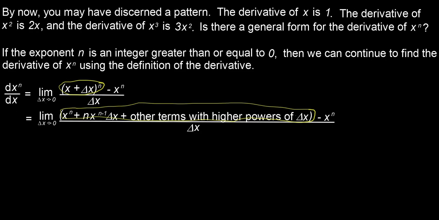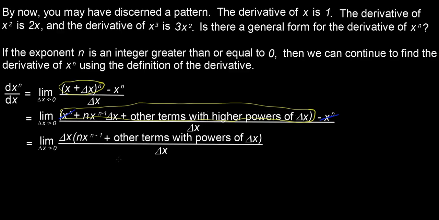So when we try to evaluate this limit, we see once more we have x to the n, and then we have minus x to the n, so those cancel out. And then what's left in the numerator are all terms that have delta x as a factor. So we should be able to factor out delta x from that numerator to give us this. So we're left with, in parentheses, n times x to the n minus 1, and then what will follow, depending on how high the integer n is, other terms that have some powers of delta x in them.